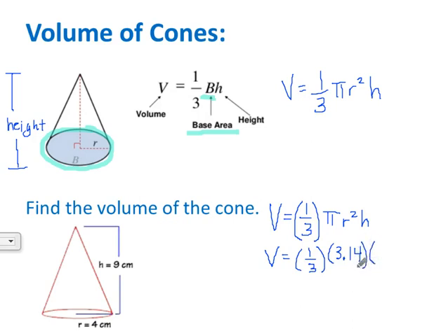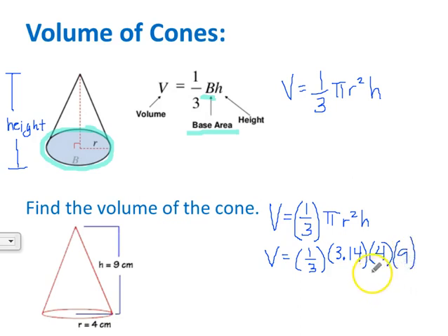And what's the radius of my cone? So we need to look at the radius of the base, the radius of that circular base. And we see that the radius is 4. It's 4 centimeters, so I'm just going to put 4 in. And then the height is the distance from the top of my cone down to the bottom. So it's going to be 9 centimeters. I'm just going to put 9 in.